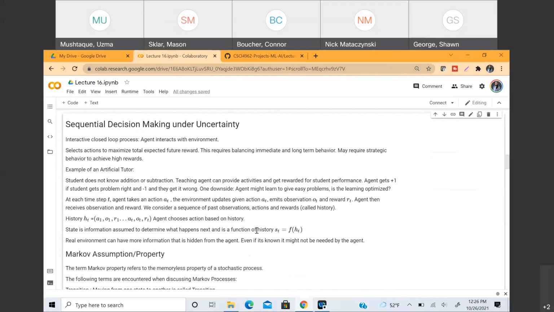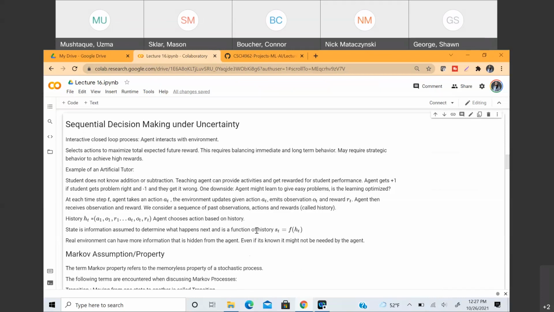Obviously, in most of the real world problems that we want to solve with reinforcement learning, there is some uncertainty involved. For example, my robot vacuum moves in some environment, which is this room, and there is some uncertainty in how it's going to get rewards in the future.